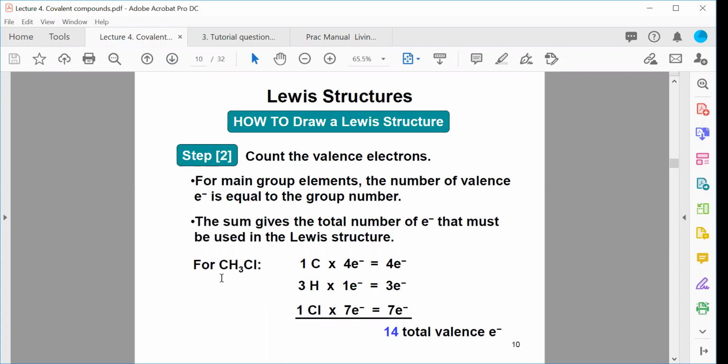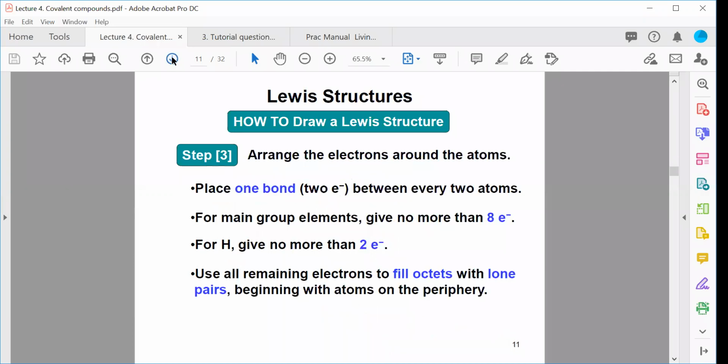So for this example, CH3Cl, 1 carbon equals 4 valence electrons, for a total of 4. 3 hydrogens, each one has 1 valence electron, so a total of 3. 1 chlorine has 7 valence electrons, total 14 valence electrons that have to be accounted for in the Lewis structure.